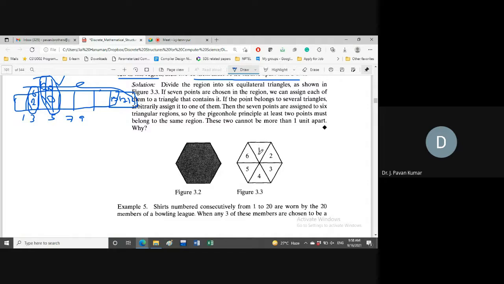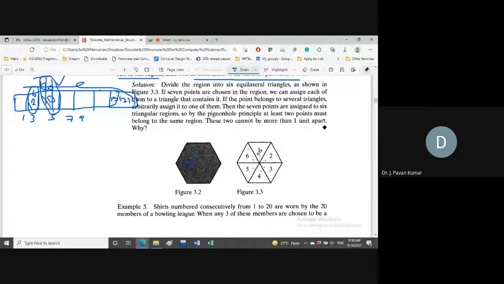Whatever points we choose from this hexagon lie in one of these equilateral triangles. If you have 2 points in the same equilateral triangle, then the distance between those 2 points will not be more than 1 unit. This is the observation that we can make.